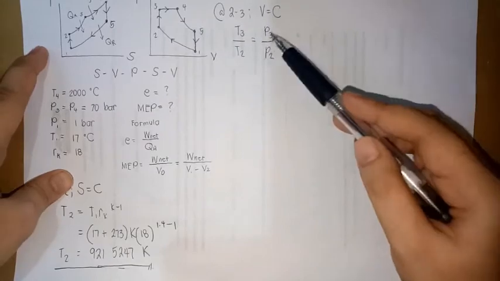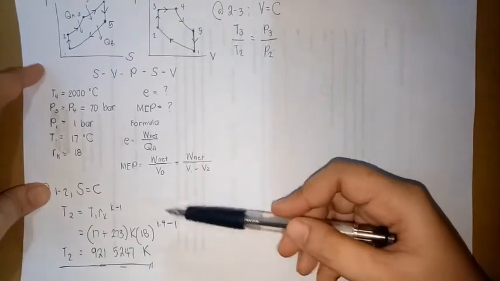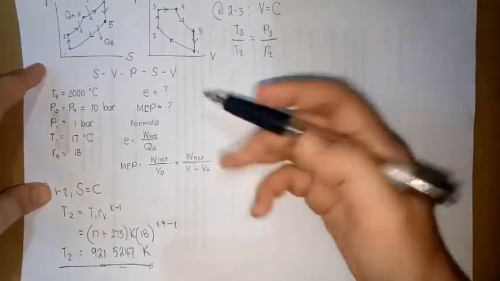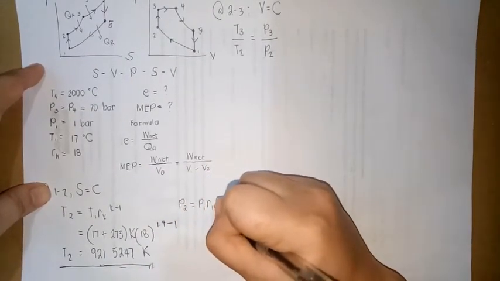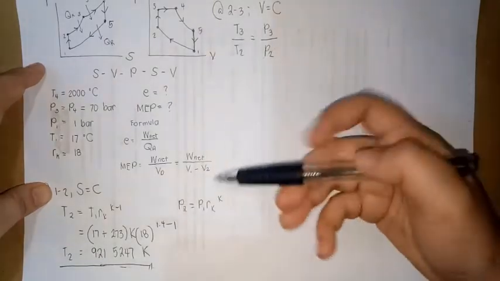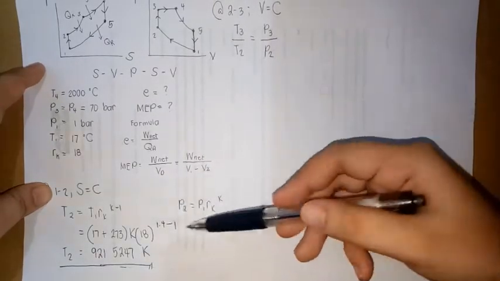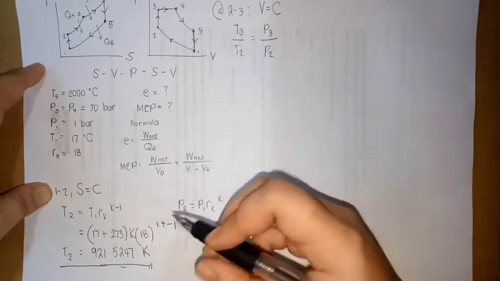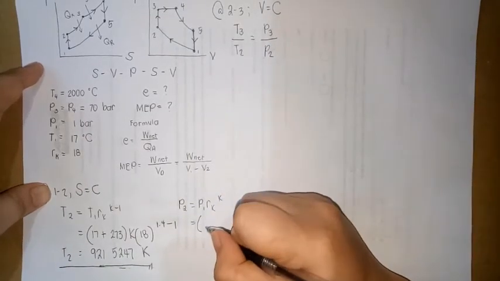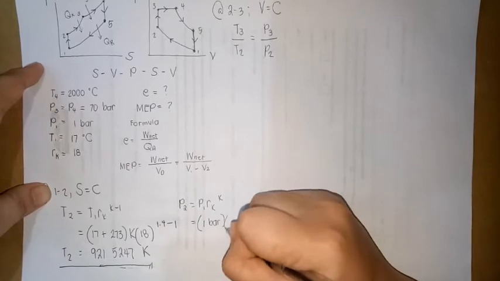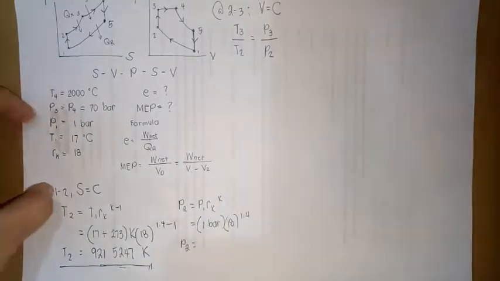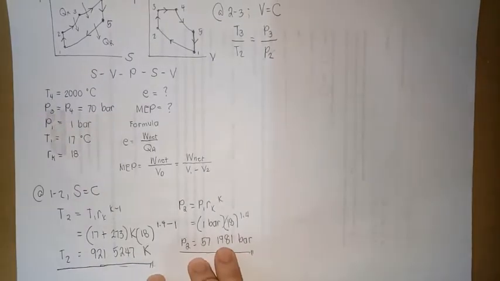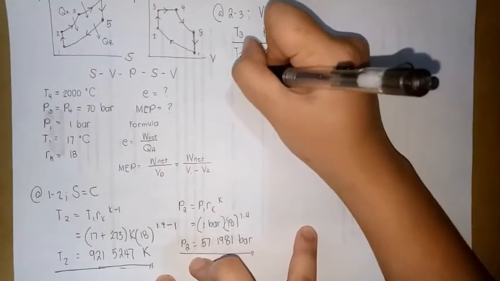What about P2? We don't have P2 yet, therefore we need to go back to process 1 to 2 and solve for P2. Solving for P2, P2 is equal to P1 times rk raised to k. Using the relation of pressure and volume, we can derive this formula. P1 is 1 bar, rk is 18 raised to k, which is 1.4. P2, therefore, is equal to 57.1981 bar. Now, we can solve for T3.